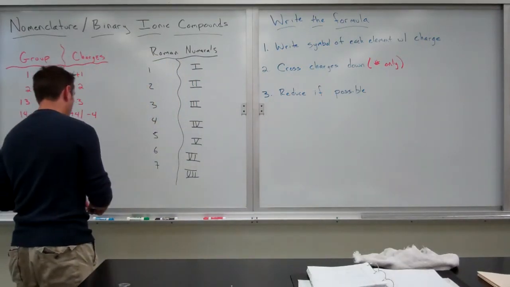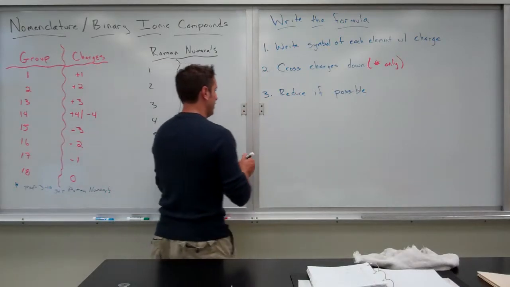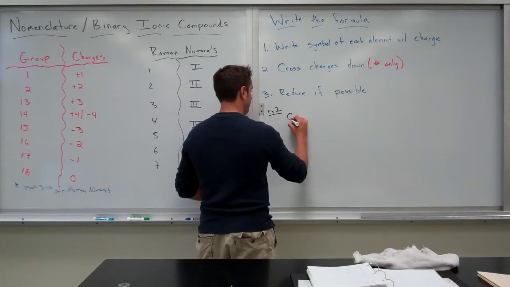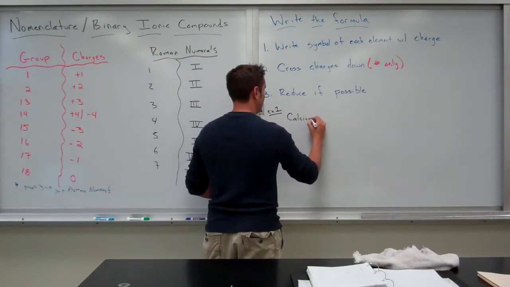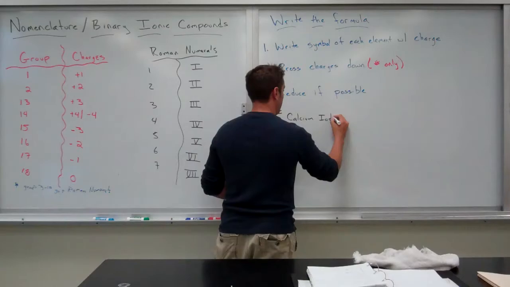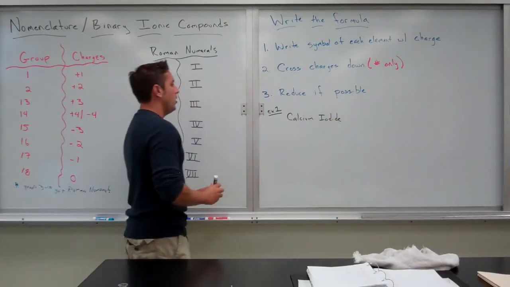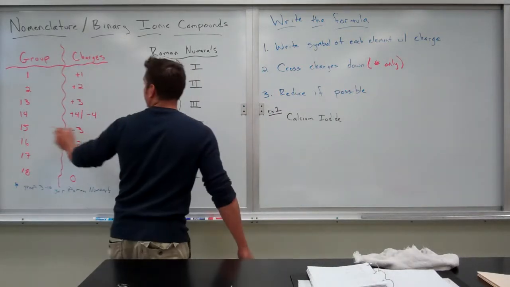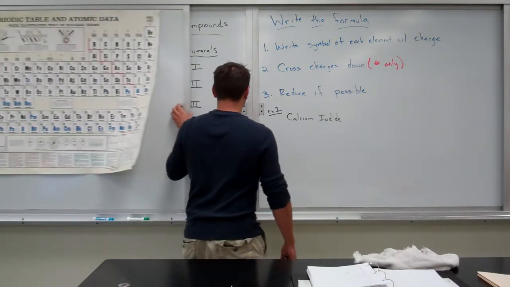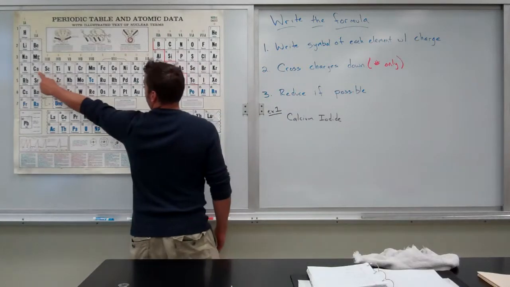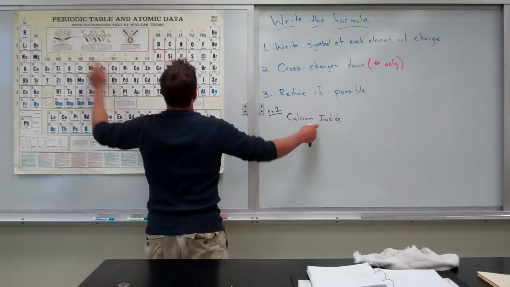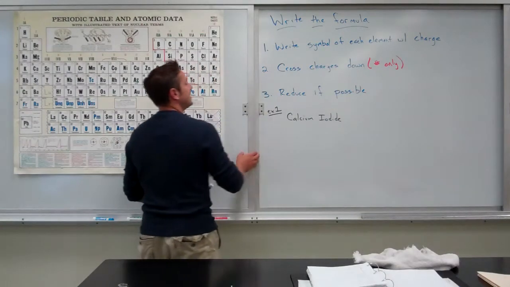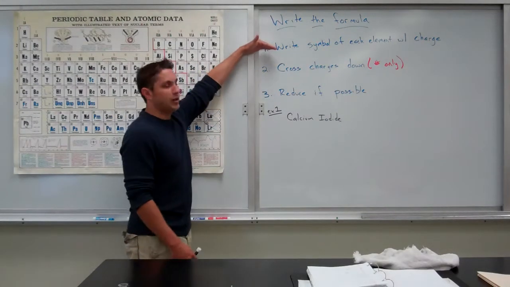So if I went back and did the same thing that I did with calcium iodide and called it example 1, you would look at it and say, okay, calcium iodide, calcium is a metal to the left of the staircase. Iodine is a non-metal to the right of the staircase. That means it's an ionic compound. So we try to follow these steps.